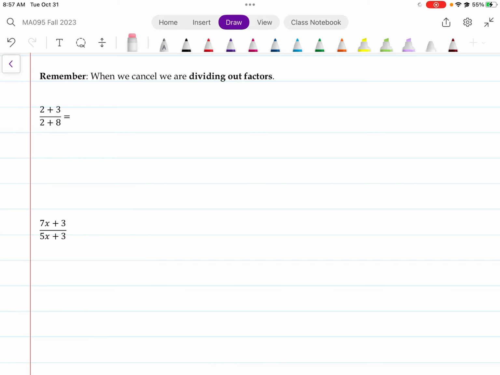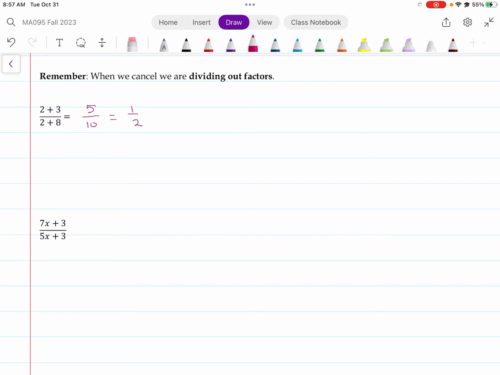That is not true. You cannot divide out or cancel out anything but factors. And these are not factors, these are sums, not products. So you can't factor them out. This becomes 2 plus 3 is 5, and 2 plus 8 is 10. So this becomes 1/2. 5 over 10 is 1/2.